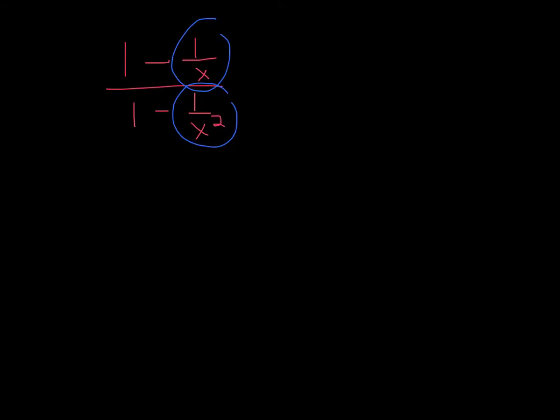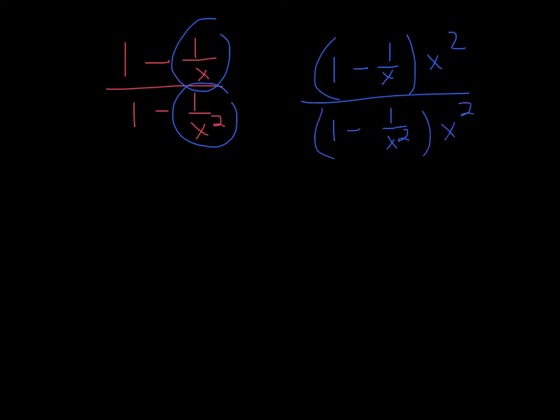So anyway, our common denominator will be x squared, right? So we'll do 1 minus 1 over x, all times x squared, over 1 minus 1 over x squared, all times x squared. Okay, so the same thing on top and bottom.